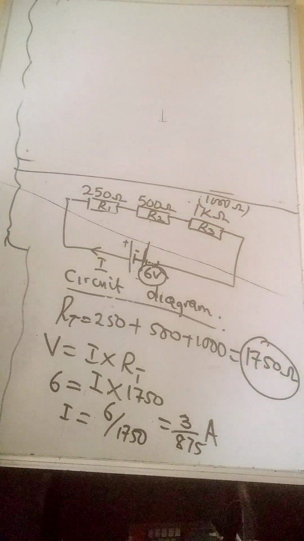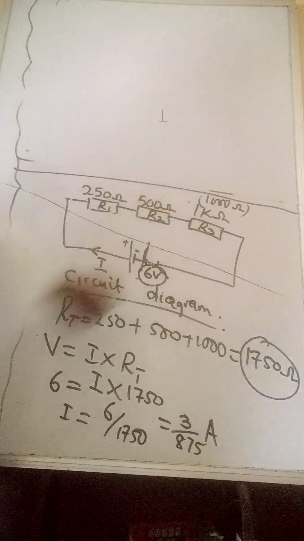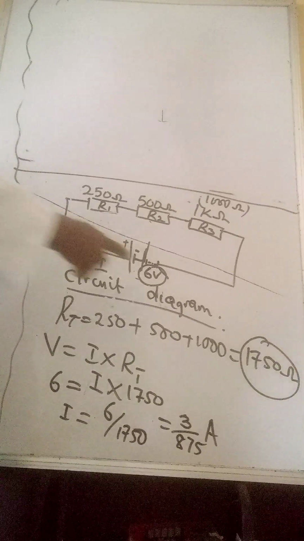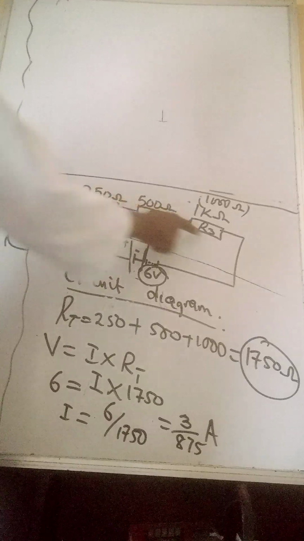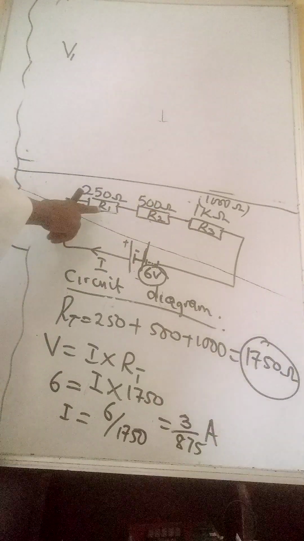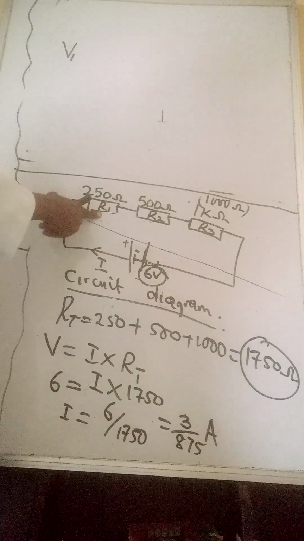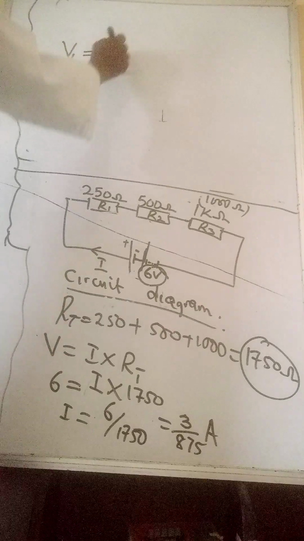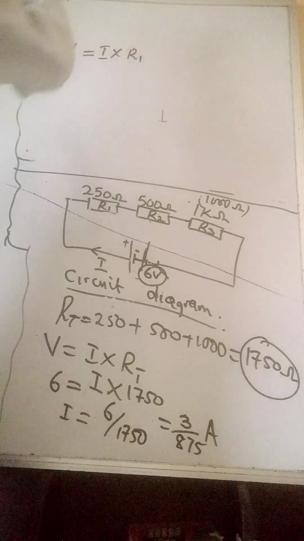Once we have known the current flowing through each resistor, it will be very easy for us to find the potential difference for each of the resistors. That means potential difference V1, for resistor R1, will be current times R1.